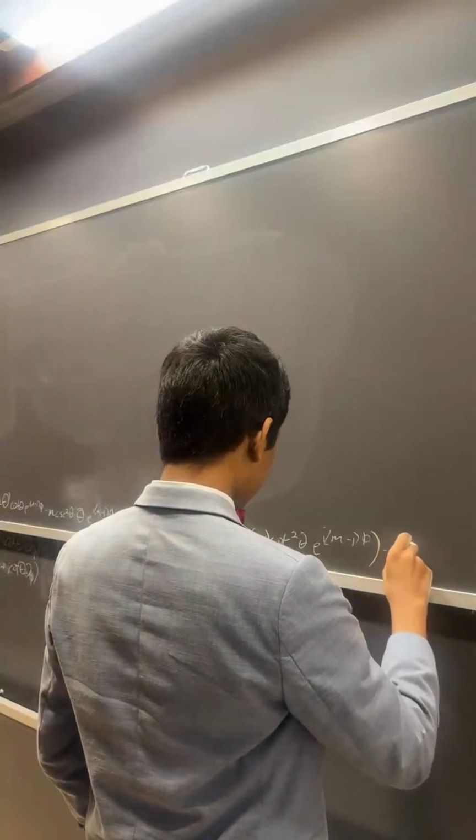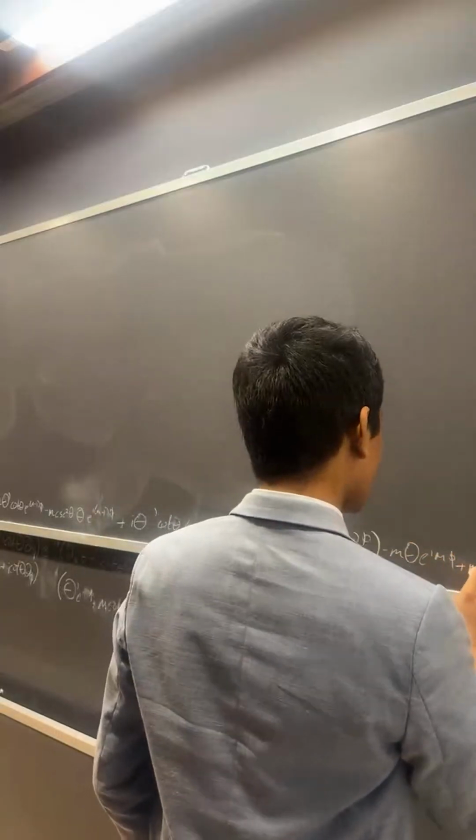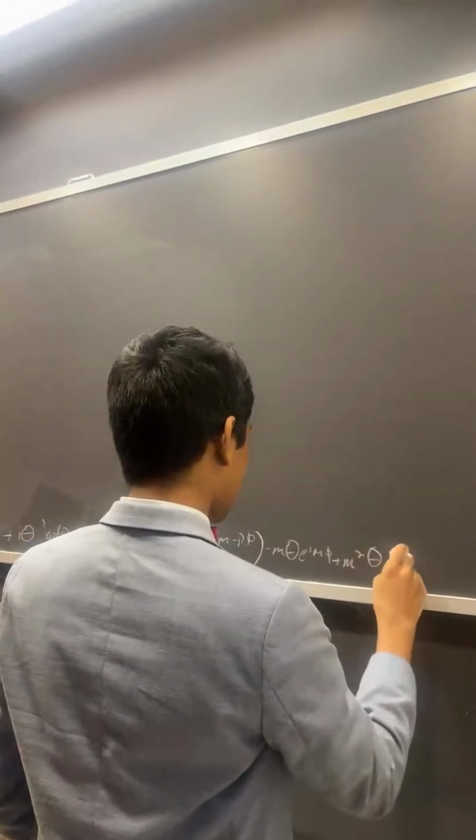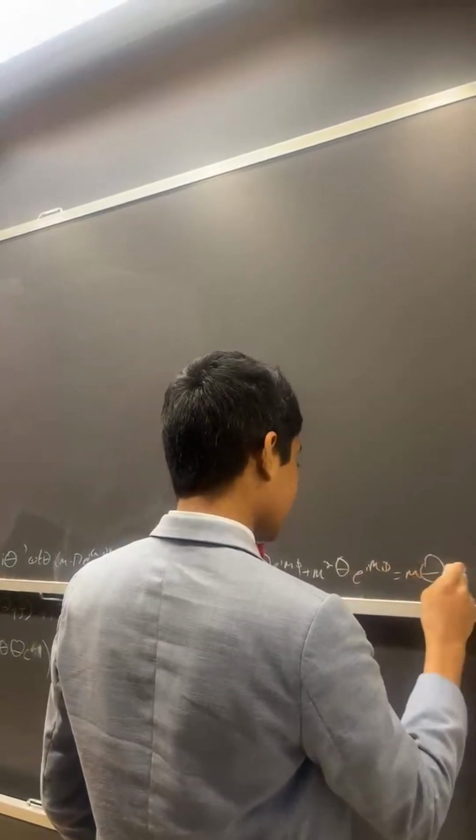Minus m theta e to the i m phi plus m squared theta e to the i m phi is equal to m theta e to the i m phi.